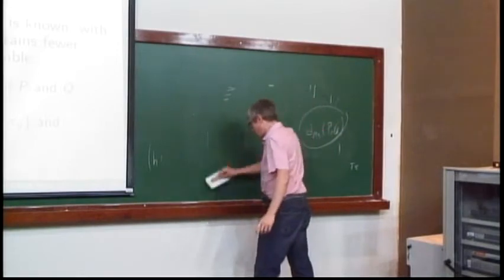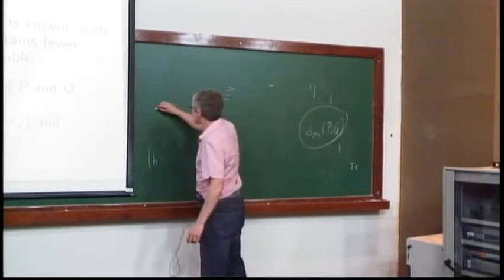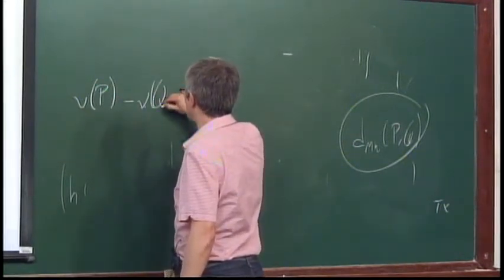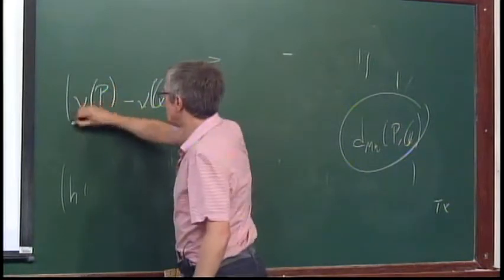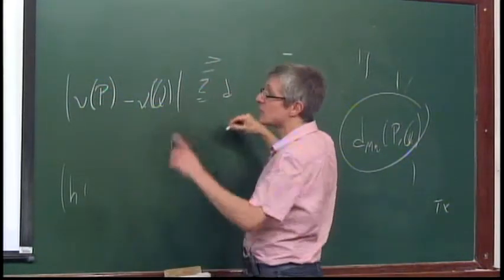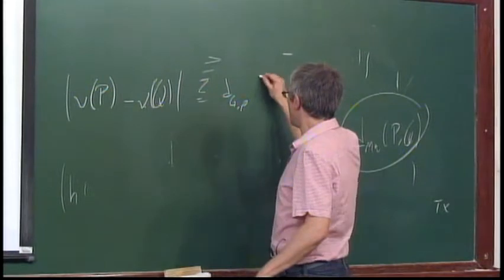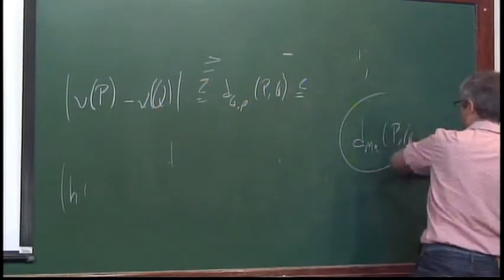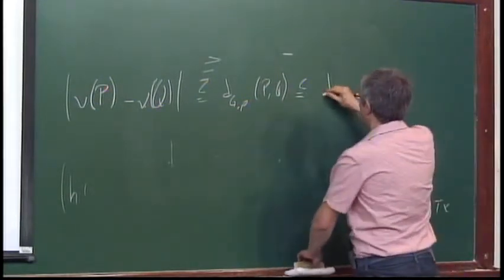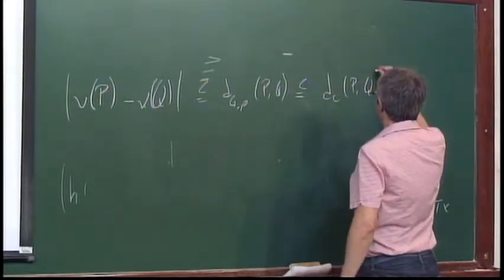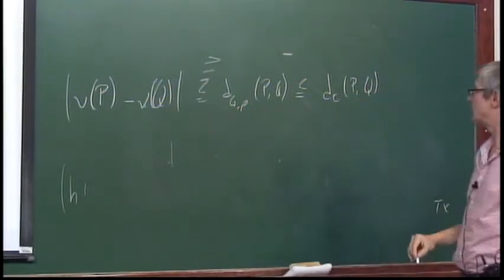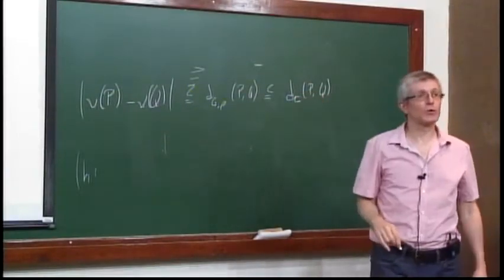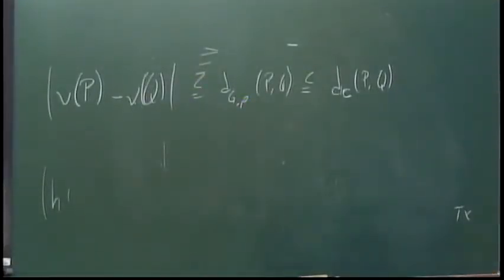The result said that the optimal value with respect to P minus the optimal value with respect to the distribution Q, we know that is less than that distance, which we call the G rho, between P and Q. And we saw that this is less than the distance PQ, the Lipschitz distance, the Kantorovich distance with respect to the cost function C, the supremum over all the Lipschitz functions.